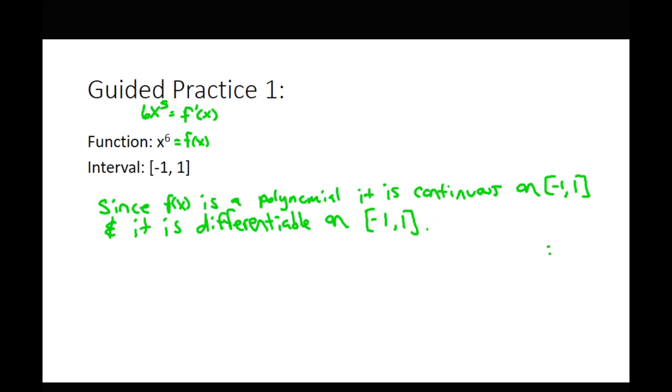Yes. I mean, I don't think they would take off points. Matter of fact, they have explicitly told me they don't. At my last meeting, they say they don't care about that, but I think that's a good insight, so I'm going to go ahead and say yes to that. That's a good idea. All right. Now, since f of x is a polynomial, it's continuous and differentiable on the interval.